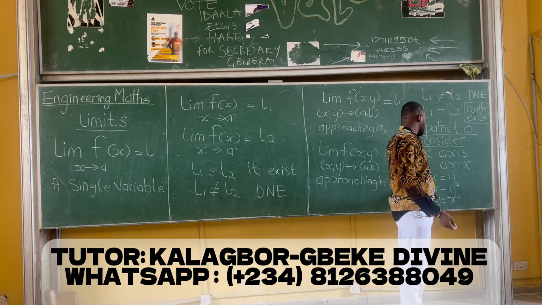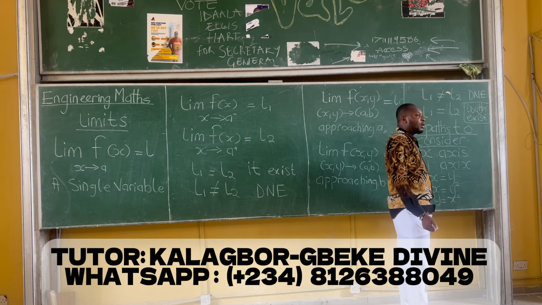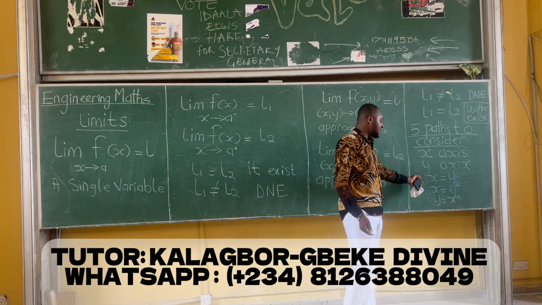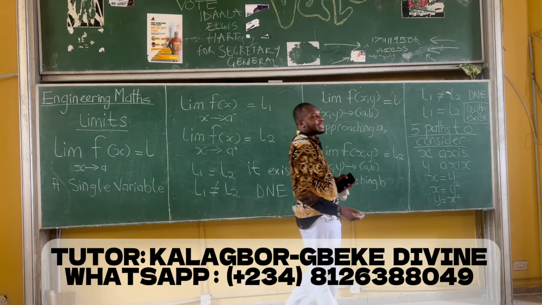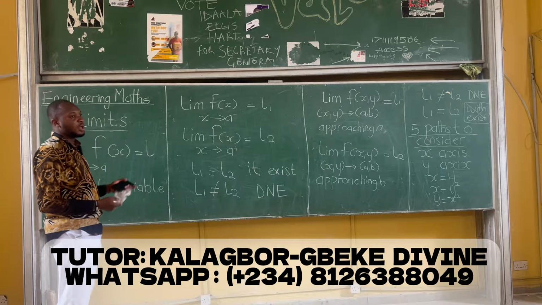But if four of them give us the same answer, and one is not giving us the same answer, it still does not exist. Because there are multiple paths, if you just take five, the ratio is not going to work.